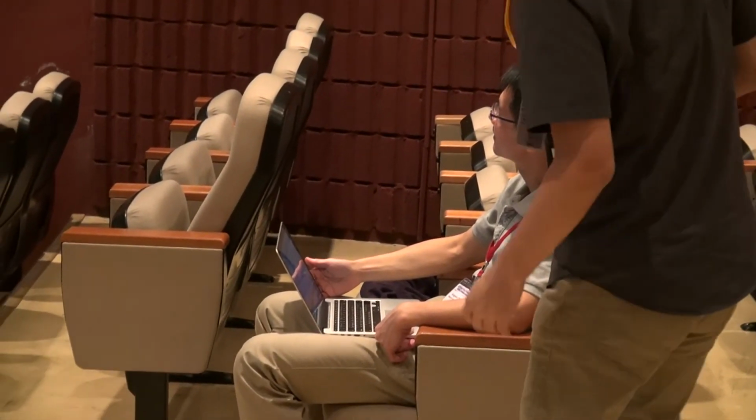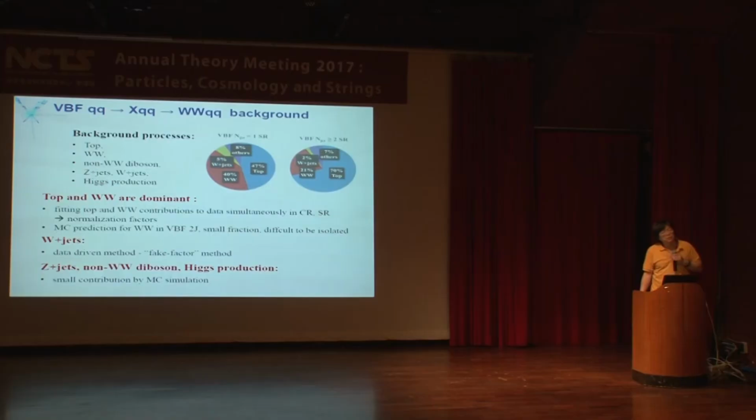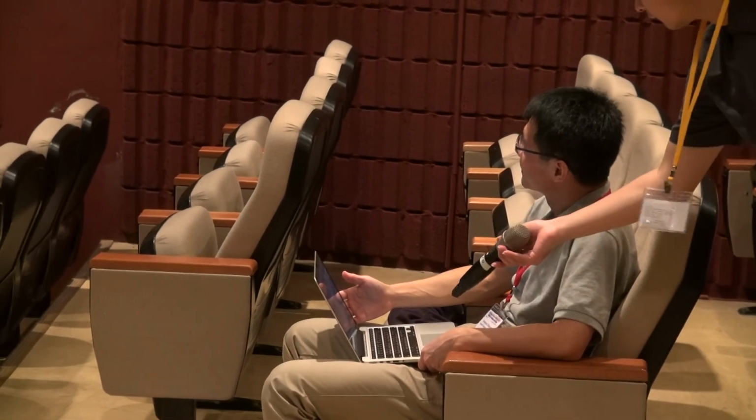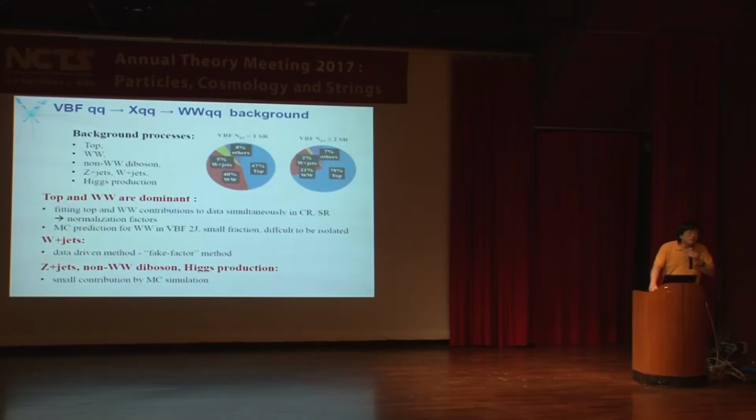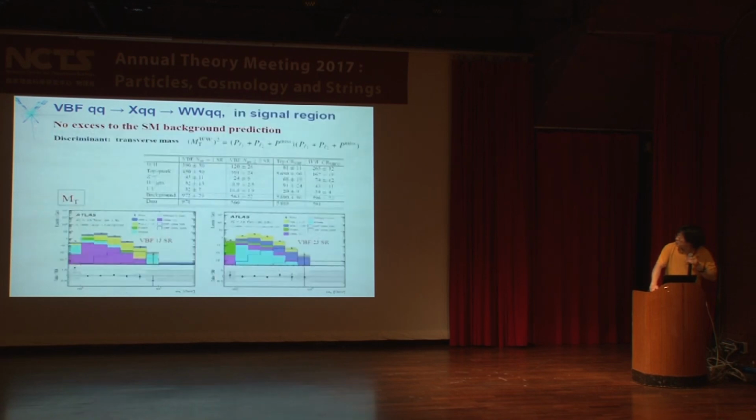Any other question? If you also open the electron pair and muon pair channels, will you be doing better? Of course, we can do it. But will you be better? In terms of expressing the result, no. If you look at the final plots here, this is the electron-muon final state.